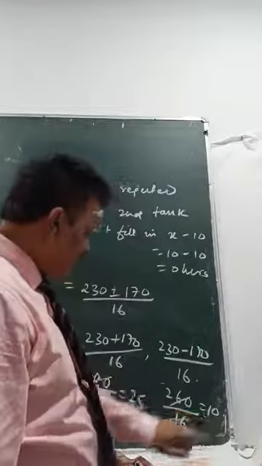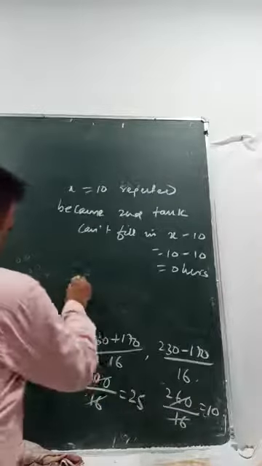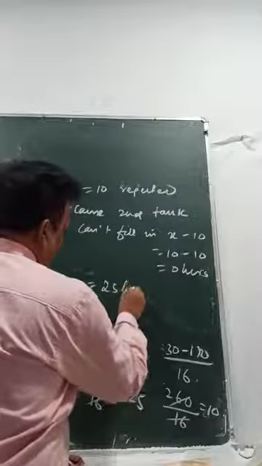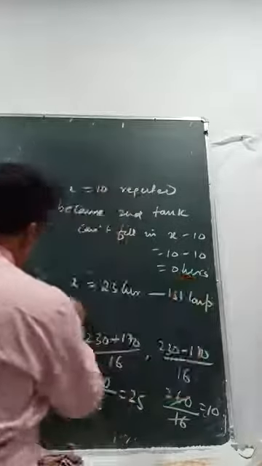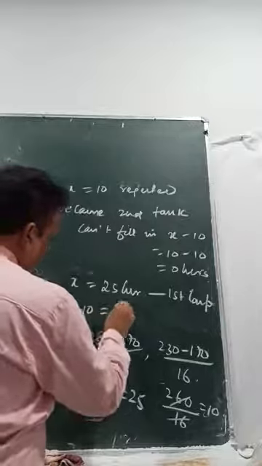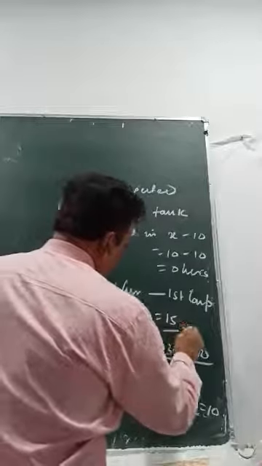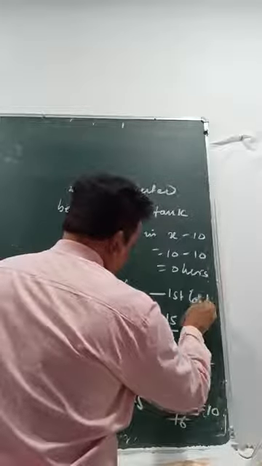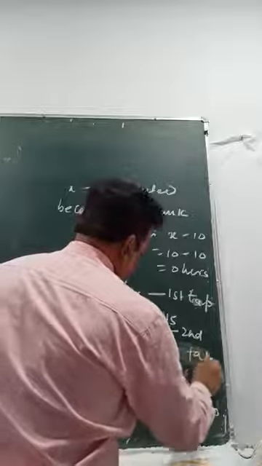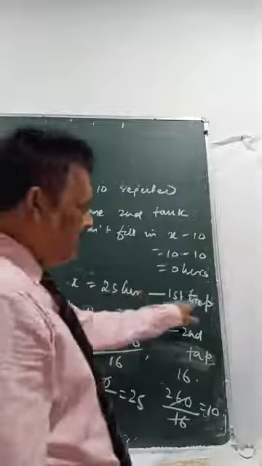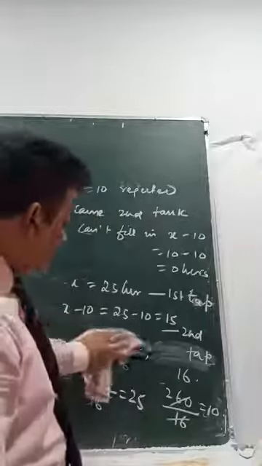That is why this is rejected. Therefore, x is equal to 25 hours. This is the first pipe. x minus 10, that is 25 minus 10, is 15. This will be the second pipe. So the first pipe will fill in 25 hours. The second pipe will fill in 15 hours. So there was a little mistake we corrected.